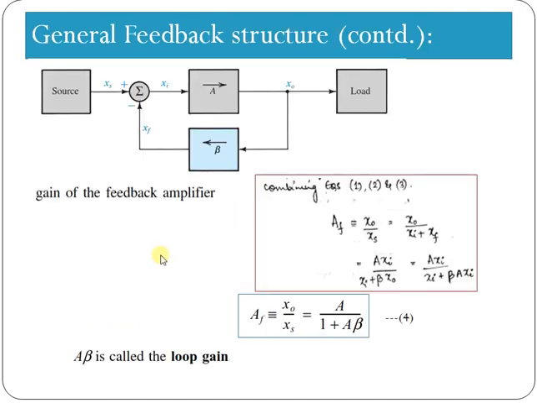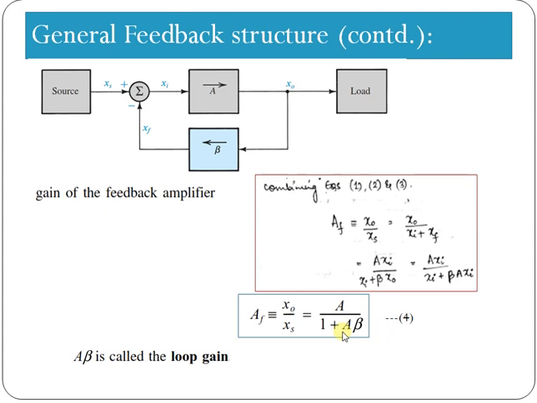To compute the gain of the feedback amplifier, we are going to combine equations 1, 2 and 3 that we have seen here, and we get the overall gain of the feedback amplifier AF equal to X0 by XS, and substituting equations 1, 2 and 3, we obtain X0 by XS equal to A by 1 plus A beta, where A beta is the loop gain.